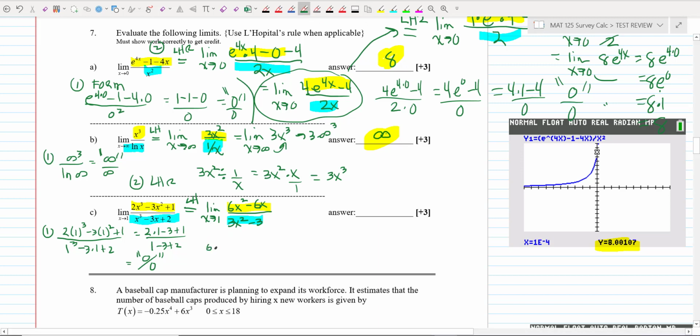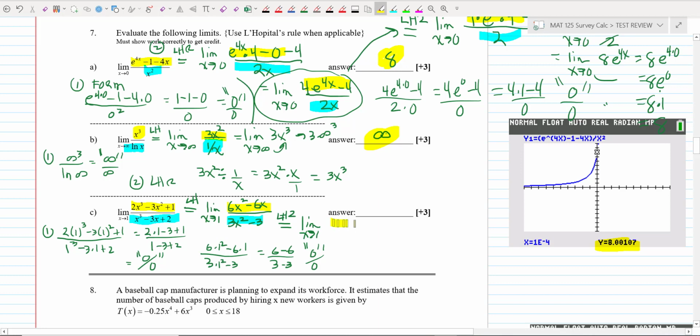So we'll plug in a 1. So we have 6 times 1 to the second minus 6 times 1 over 3 times 1 to the second minus 3. That's 6 minus 6 over 3 minus 3. So again, we got this 0 over 0 form. So that just means we're going to do L'Hopital number 2. So we're going to do the limit as x goes to 1.